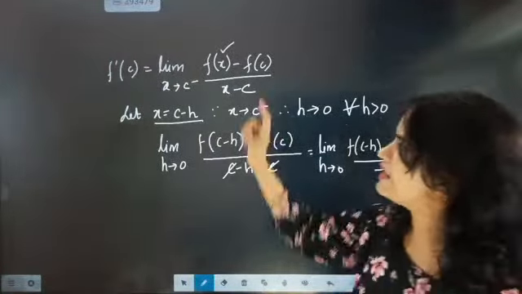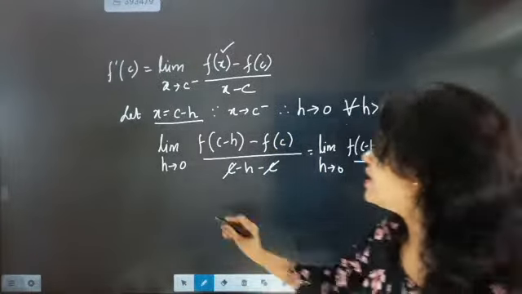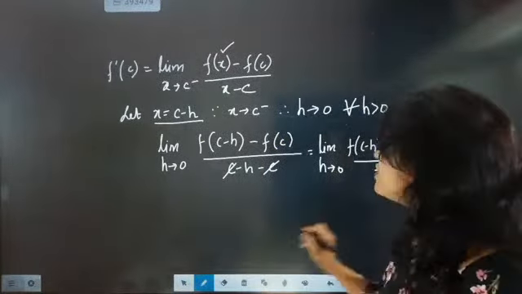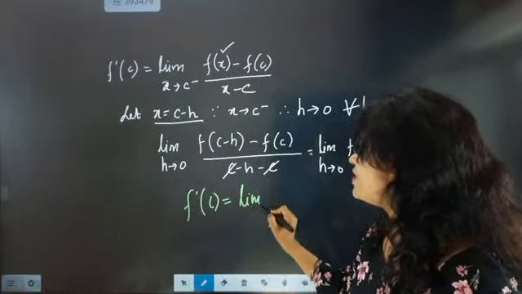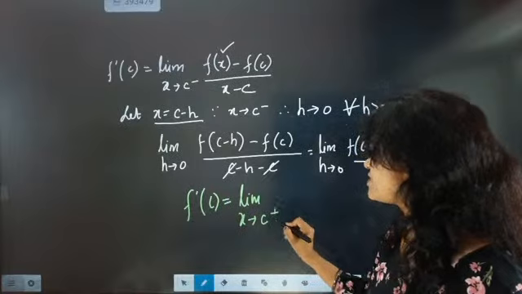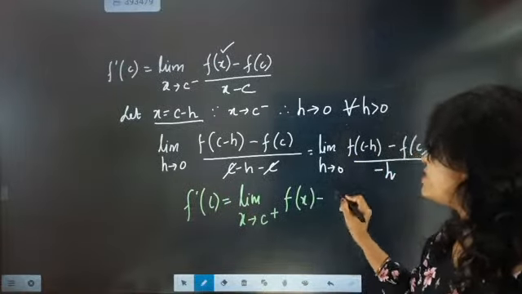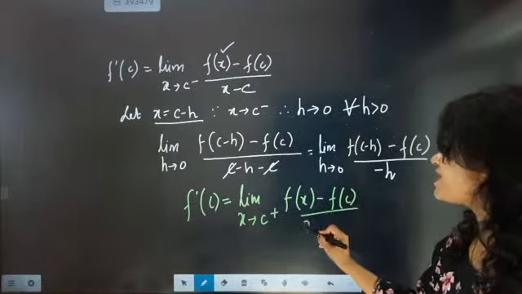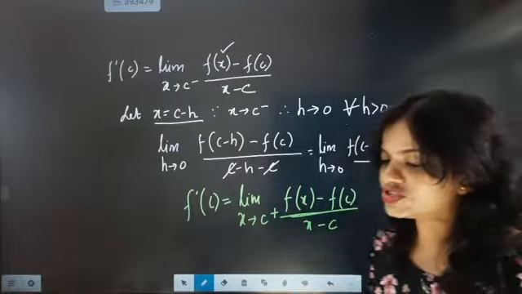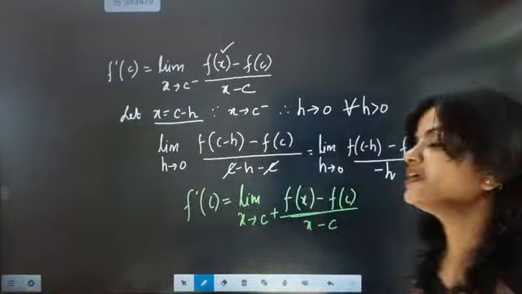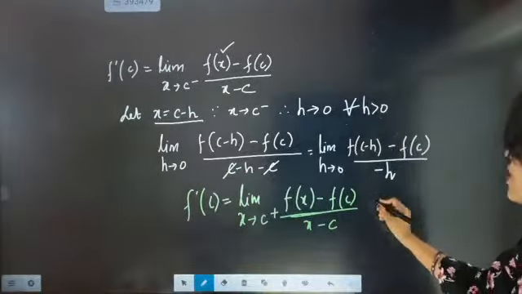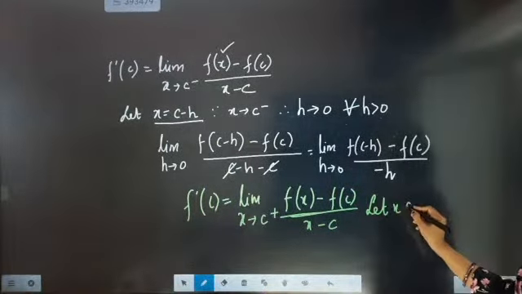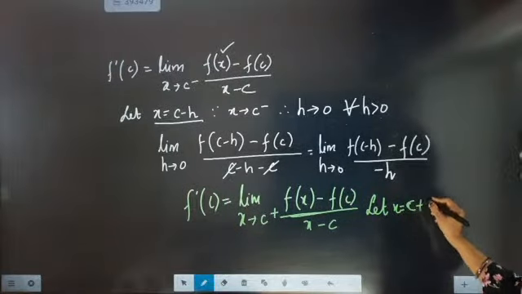Now the right hand derivative part I am writing directly. It will be written as f dash c equal to limit x tends to c plus, f of x minus f of c by x minus c. This is representing differentiable at point c. Again we assume let x equal to c plus h.